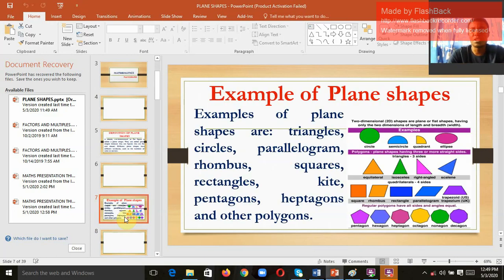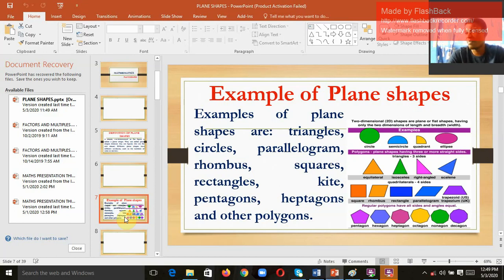We're going to take the very common ones. Examples of plane shapes are triangles, circles, parallelograms, rhombuses, squares, rectangles, kites, pentagons, heptagons, and other polygons. If you look at the diagram on the right, you can see some examples of plane shapes. Let's take the first line.